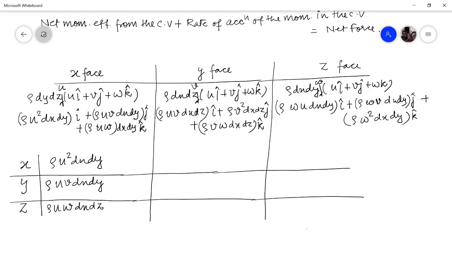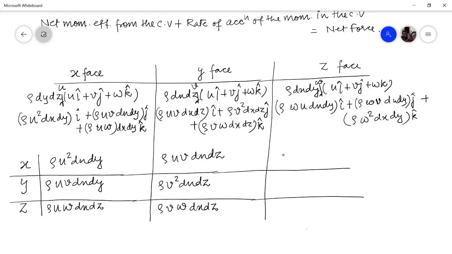Likewise, from the y face in the x direction it is rho uv dx dz, in the y direction rho v square dx dz, and in the z direction rho vw dx dz.